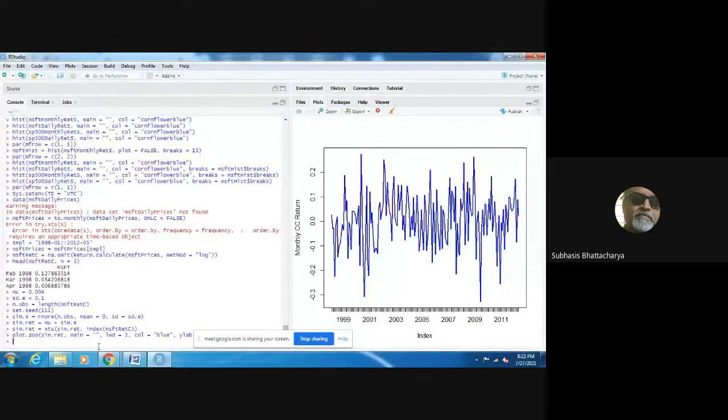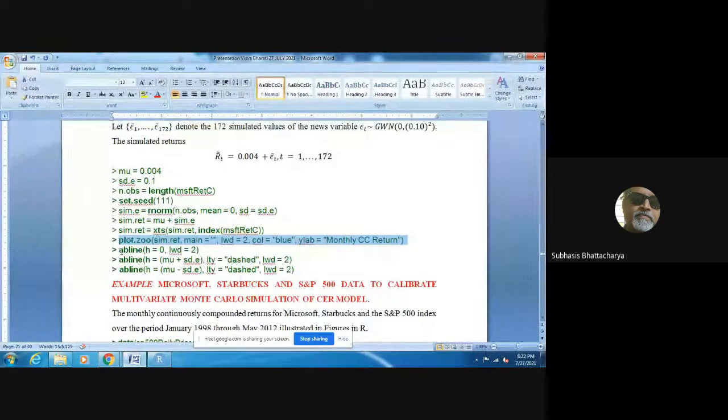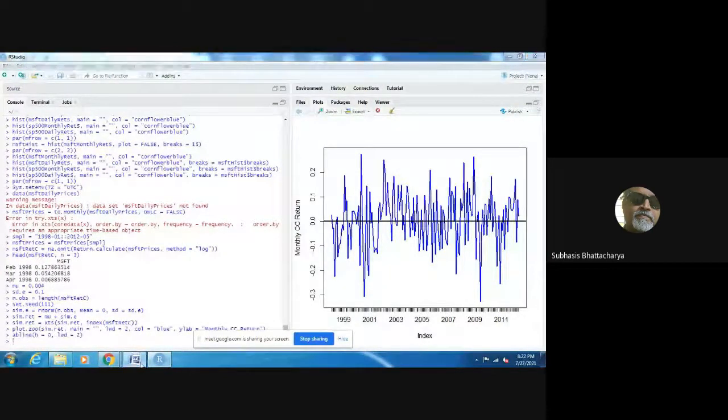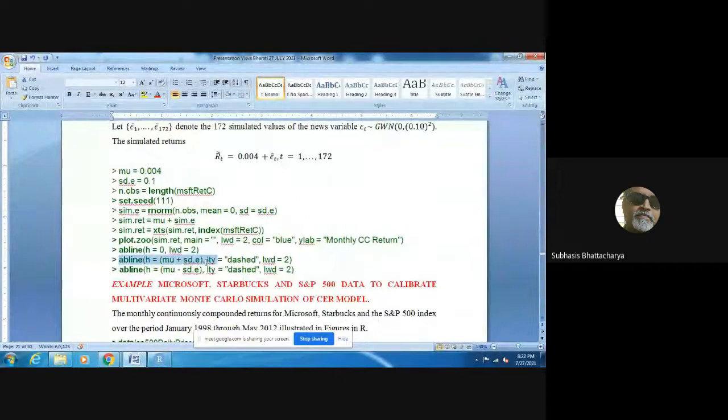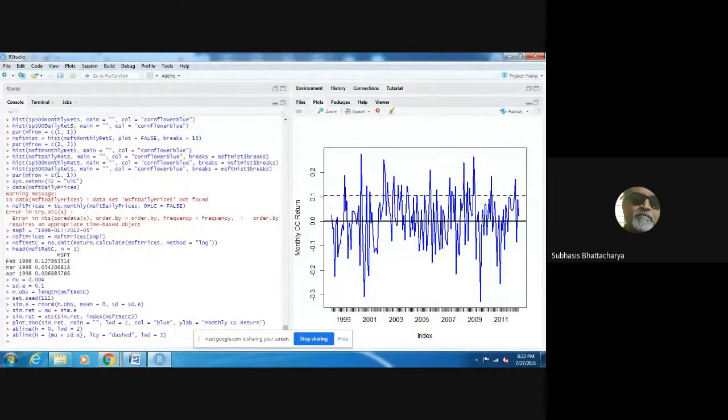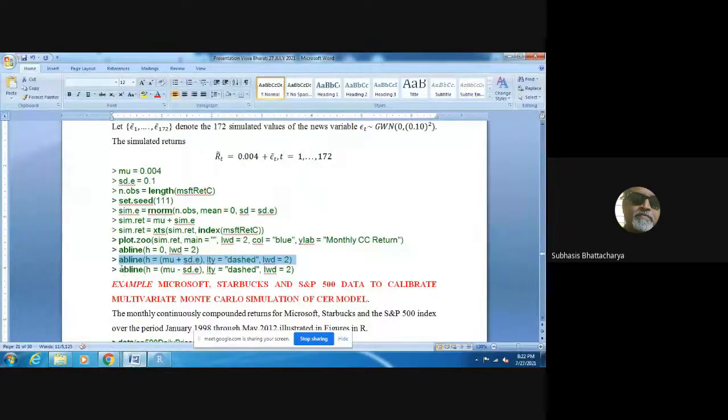This is the simulation plot and the abline. And two marginal ablines which are showing the variation between 0.1 and minus 0.1.